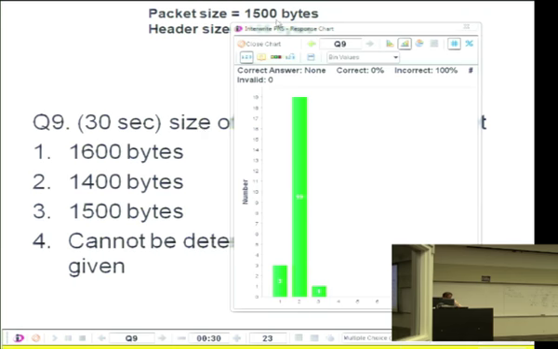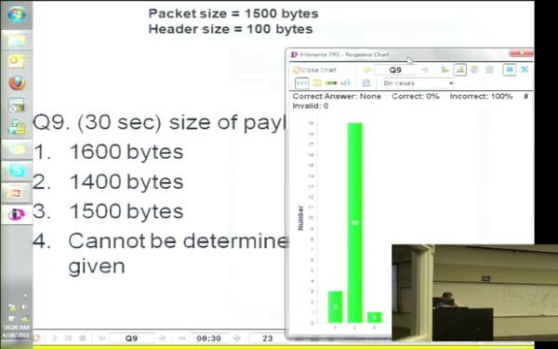See, packet size is 1500 bytes, which means that's the total size of the packet. You cannot add the header to the packet, right? The message is part of the packet. So don't confuse packet size with message size. Packet size is a transport parameter. Message size is the application parameter.